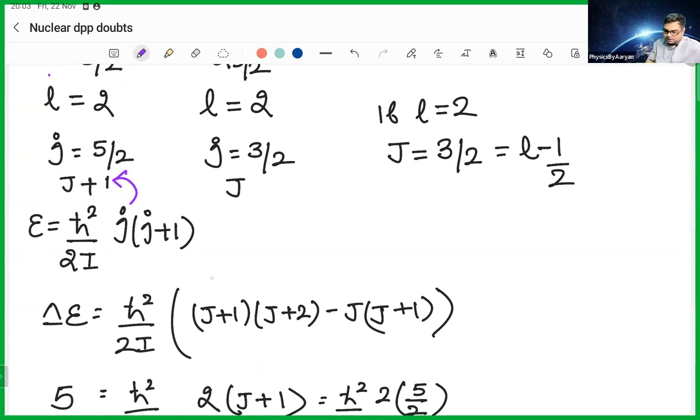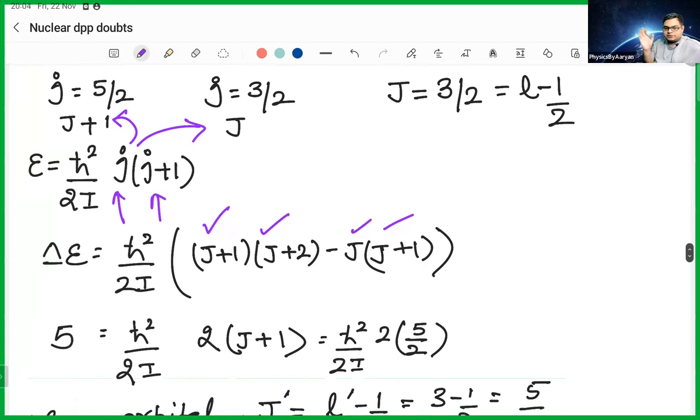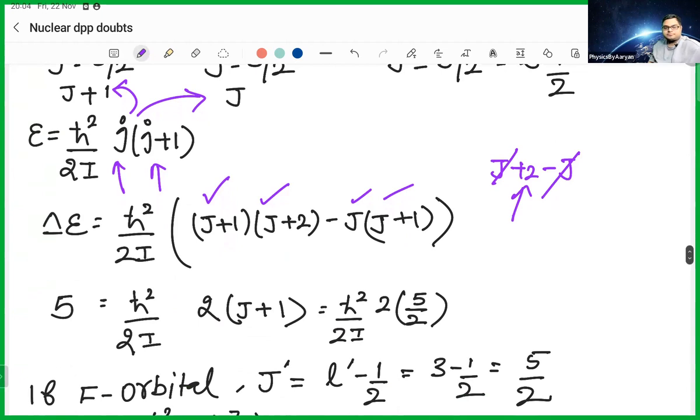So here I will have J plus 1 and here J plus 2, minus, then I put my j as J, so I get J into J plus 1. Now capital J plus 1 can be taken common, and then J plus 1 minus J will cancel, and you will be left with J plus 2 minus J, which is 2, and that 2 you see here.